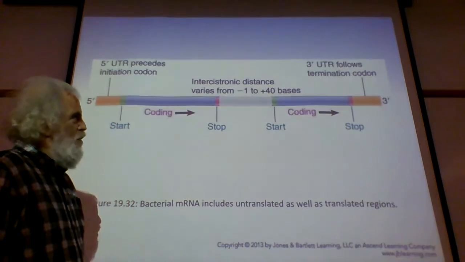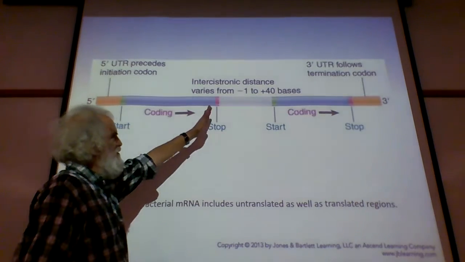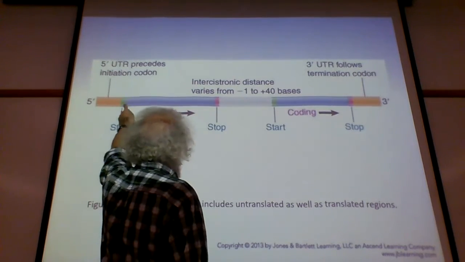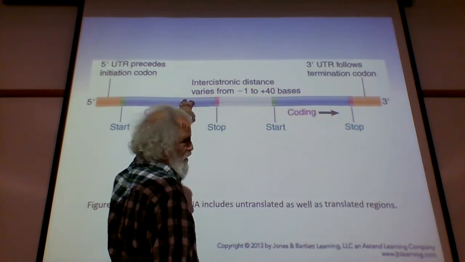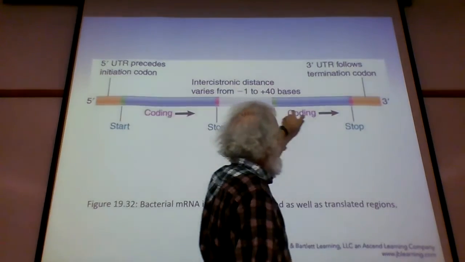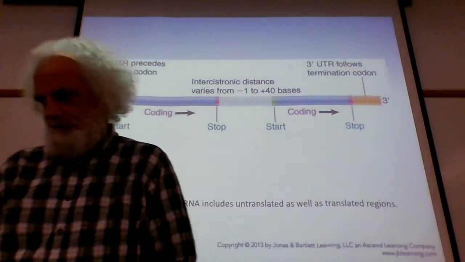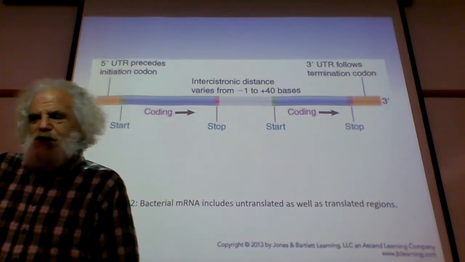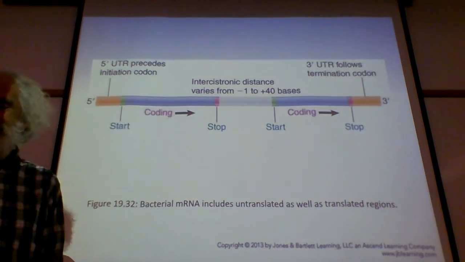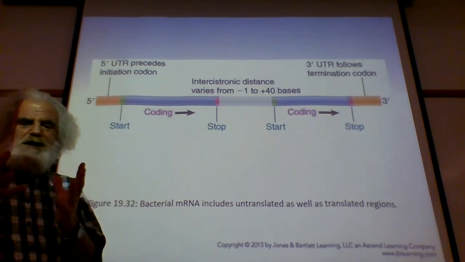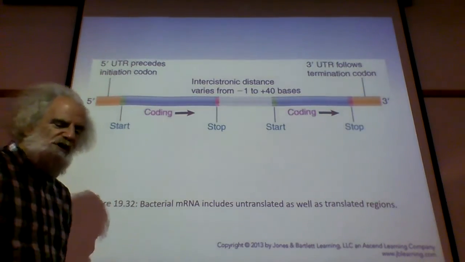And so what this means is that you might have a terminator sequence here that can be subject to anti-termination, and you can have an RNA that stops here and produces one protein, or an RNA that continues on and produces two proteins or multiple proteins. So this is some of the stuff that we're next going to be thinking about as we get into some of the ideas of gene regulation. And the idea here is to compare prokaryotic with eukaryotic.